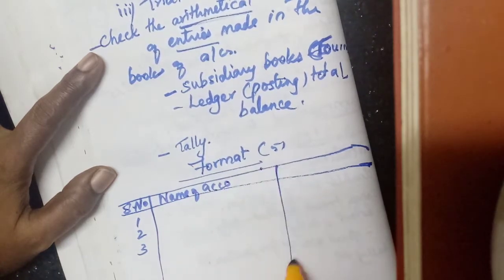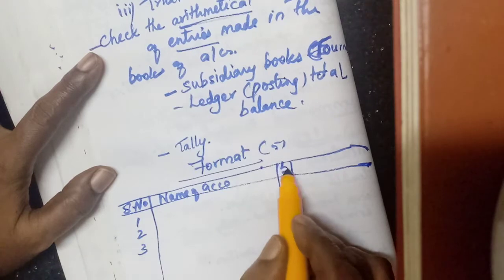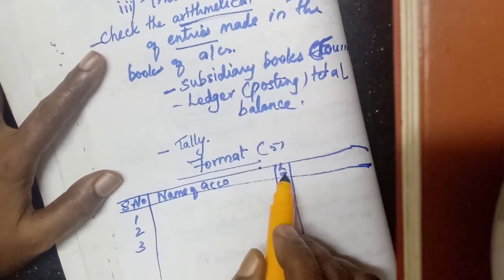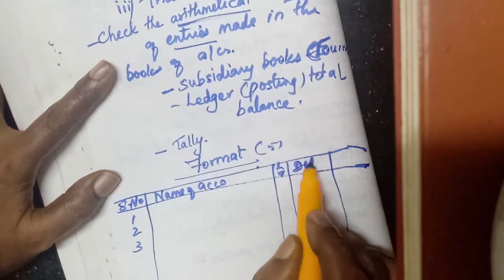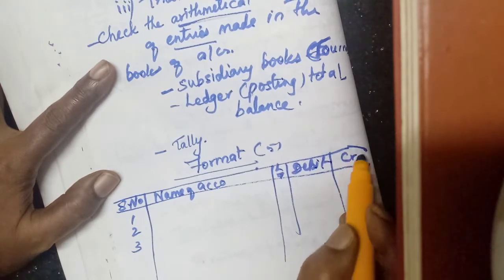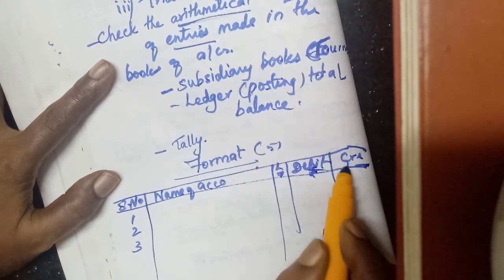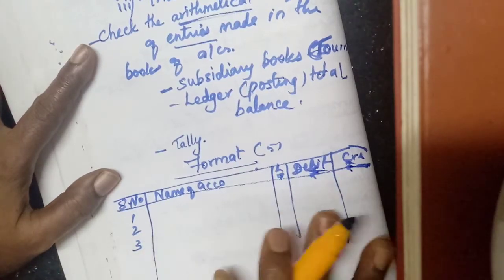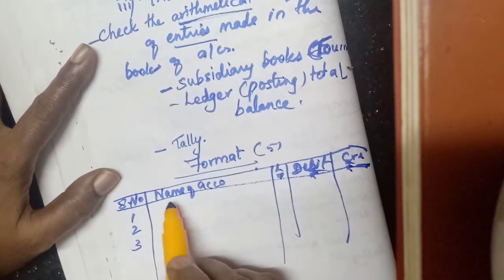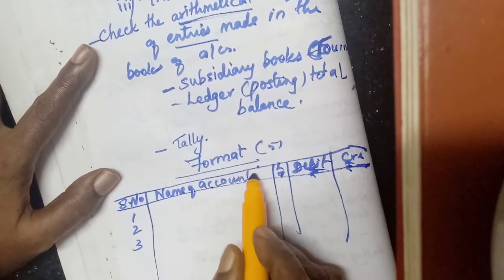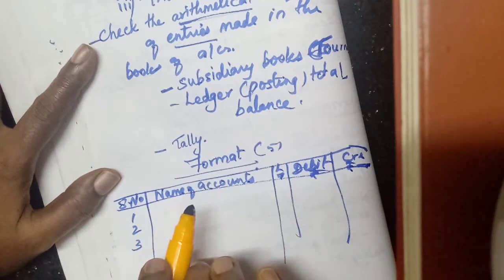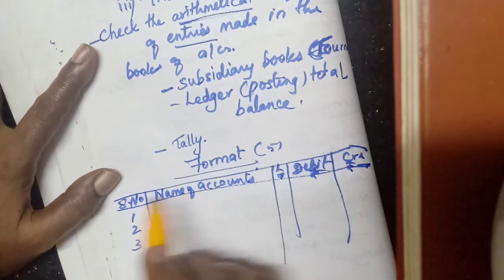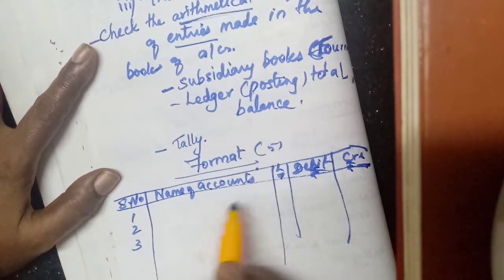Then LF, the ledger folio, that is the page number of the ledger account. Then 2 columns, debit and credit, in rupees. Same as journal entry, but here we can write the name of account. Instead, you can write the particulars also, no problem. So 5 columns, this is the format.